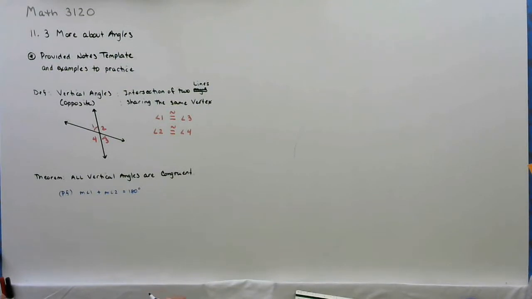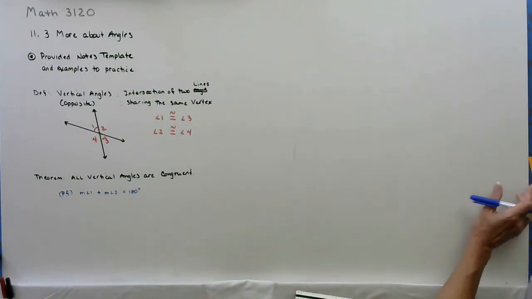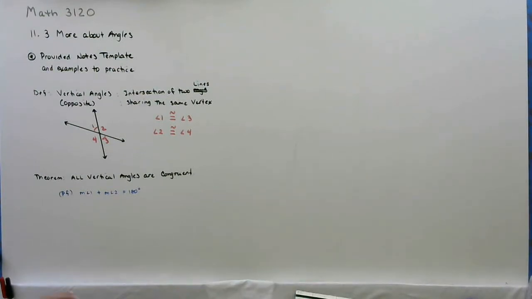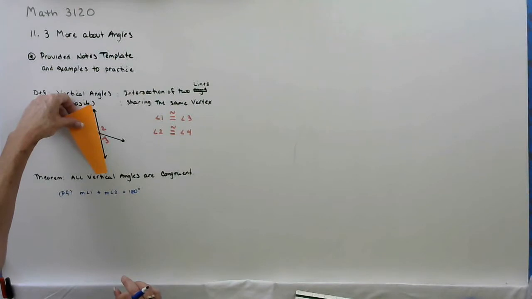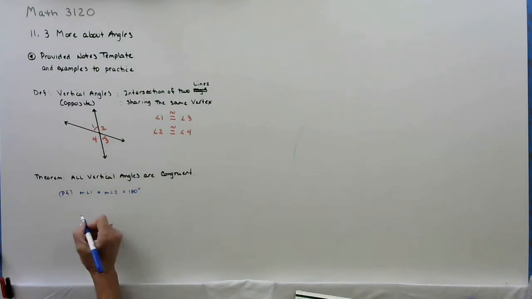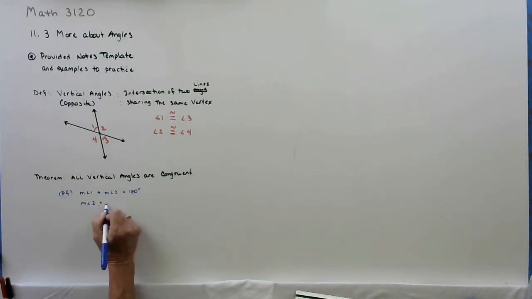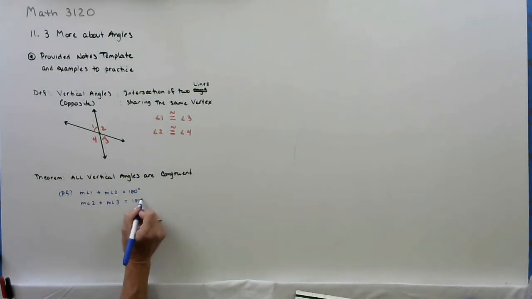They're a linear pair. But I can do the same thing if I say instead of looking at angles 1 and 2, let's look at angles 2 and 3, because those also form 180 degrees when I add them together. They're supplementary. So I could say the measure of angle 2 plus the measure of angle 3 is also 180 degrees.